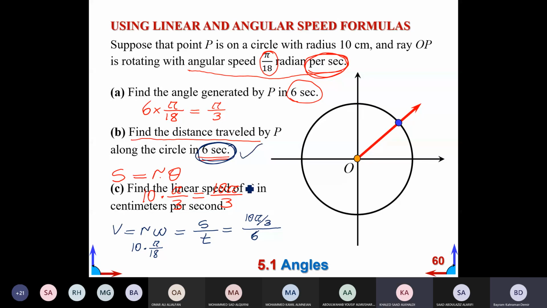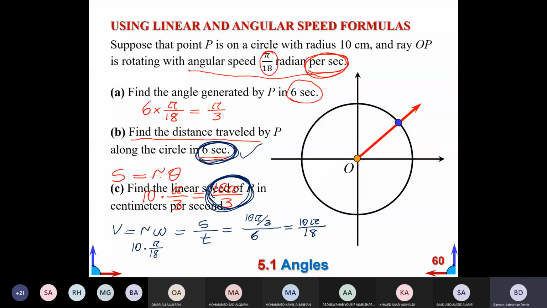They didn't say per second in part C. So when you simplify, this will give you also 10 pi over 18, right? Why didn't we use 1 second in part C? Why did we use 6? In 6 seconds, it makes 10 pi over 3, right? In 6 seconds, the masafa is 10 pi over 3.